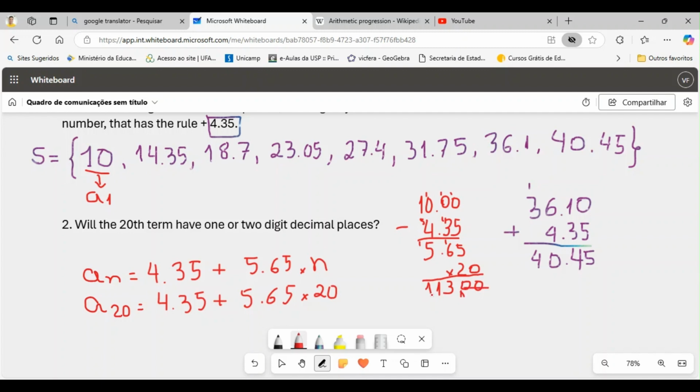So it's 113, and then for a20, the final number is 113 plus 4.35. Okay, and then of course we have 0.35 and 117.